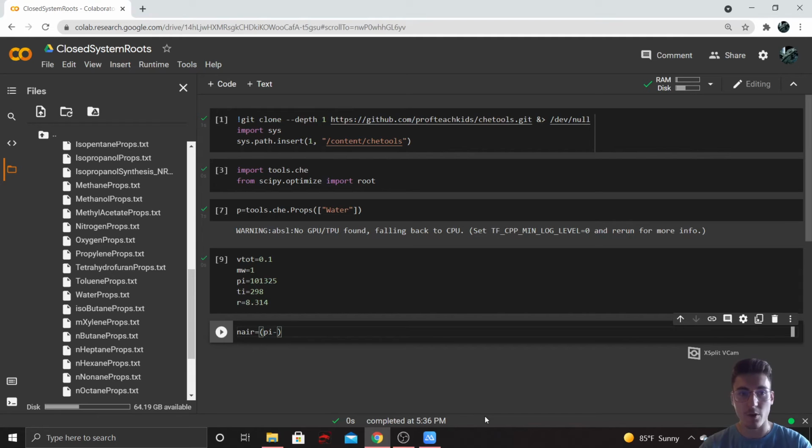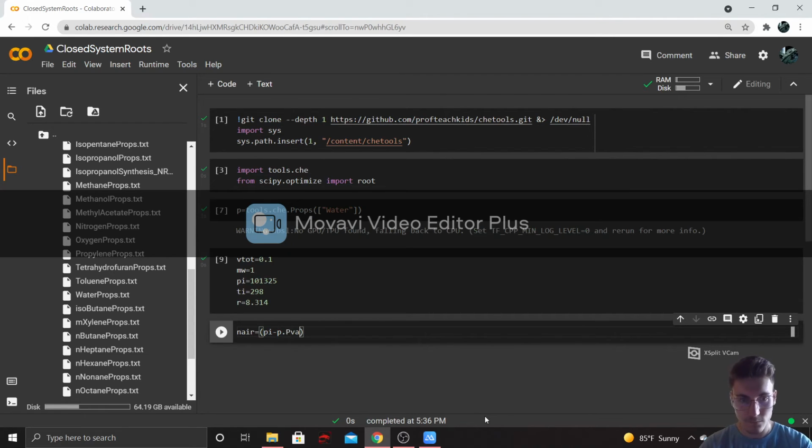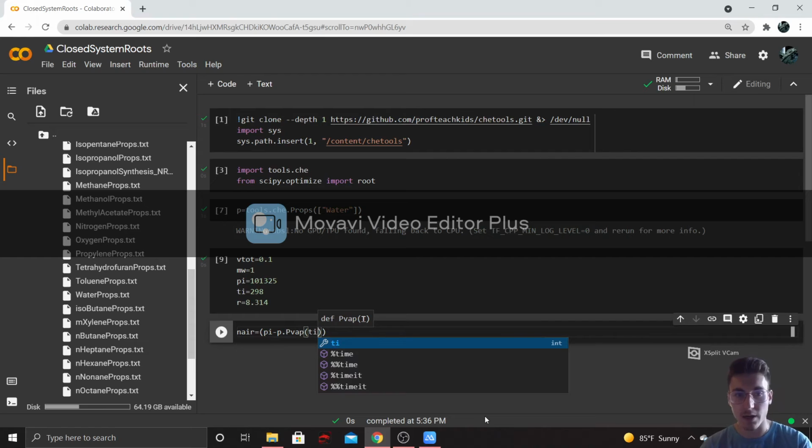So if we go back up, importing the properties of water, we can do P dot PVAP, so the partial pressure at the initial temperature, so TI.